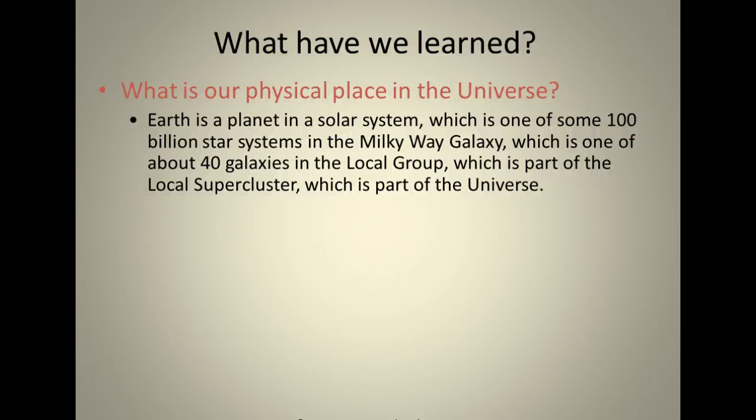Now this galaxy is one of about 40 galaxies in what we call the local group. So in our local group is about 40 galaxies. Now that local group is a part of something called a local supercluster. So make sure you have that in your notes, local supercluster, and then those superclusters make up the universe. So make sure you have all that information in your notes.